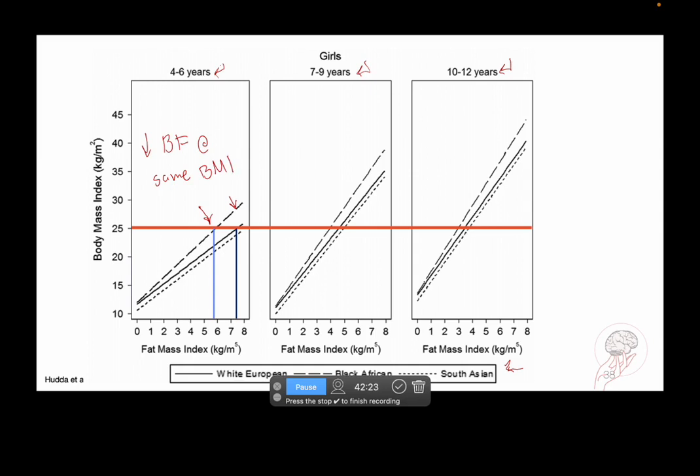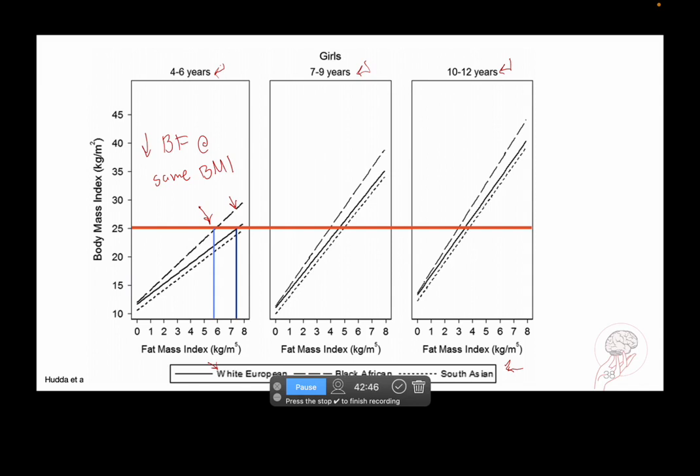So who is at more risk here? The white European girls or the Black African American girls? In this case, the white European girls are at increased risk at a body mass of 25, where the Black African American girls are at a decreased risk.